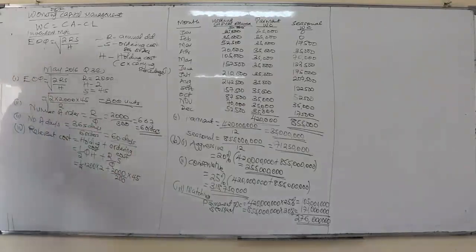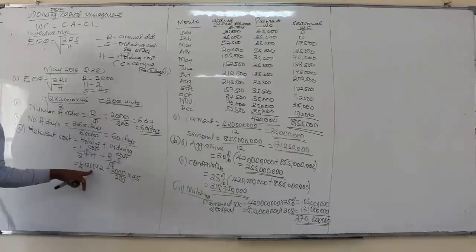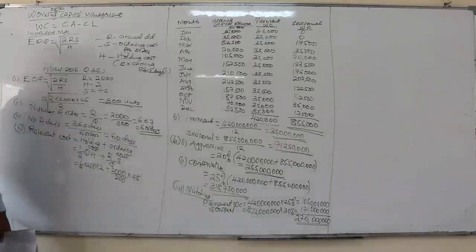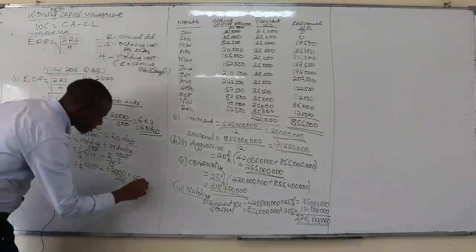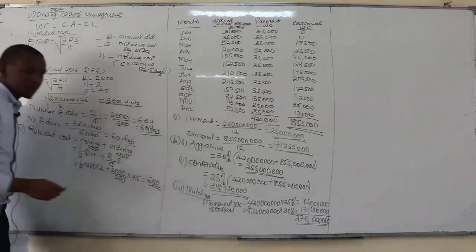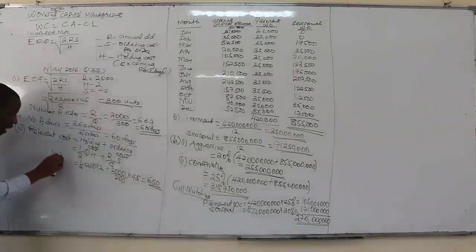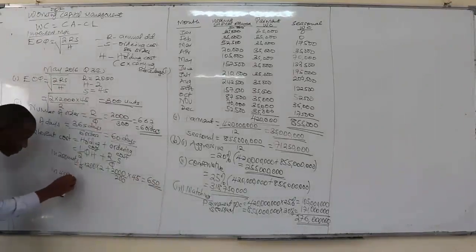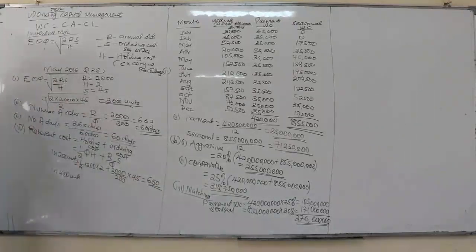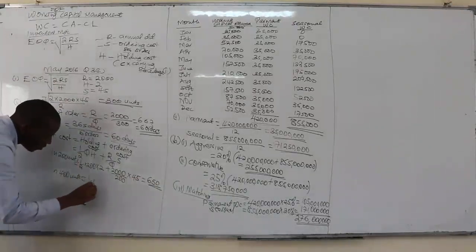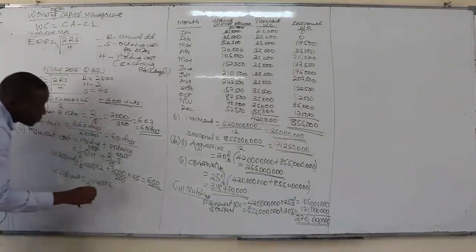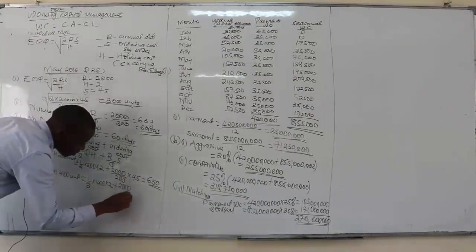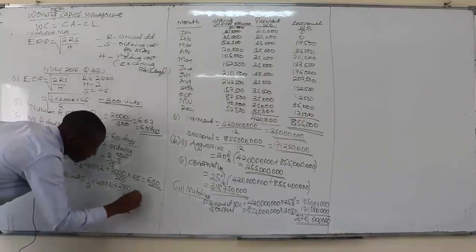Then we go back, the batches are taken to 400, meaning the economic order quantity is now replaced with 400 units. The first gives 650. That is the total cost for 200 units. What about 400 units? It will also be a half multiplied by 400, multiplied by 2, plus 2,000 divided by 400, multiplied by 45.